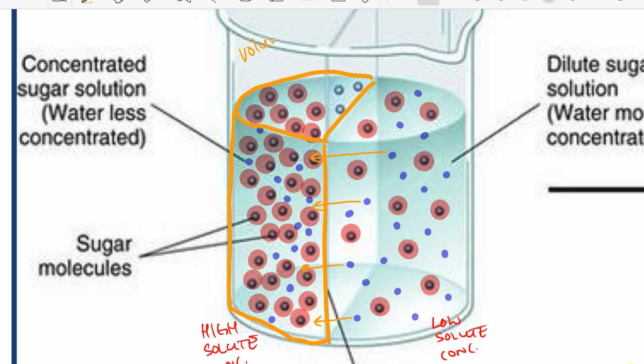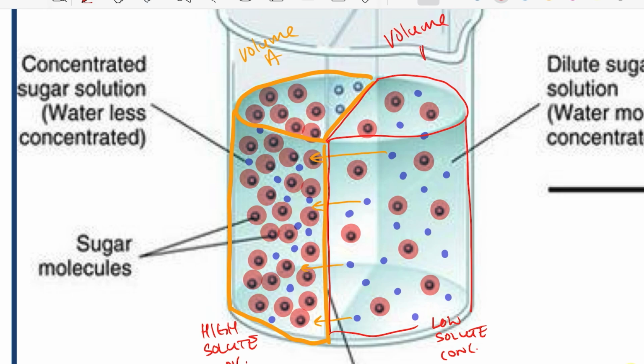In this case here, at the beginning, volume A was equal to volume B. Look, those are the same, right? Those are the same volume. Volume A equaled volume B.